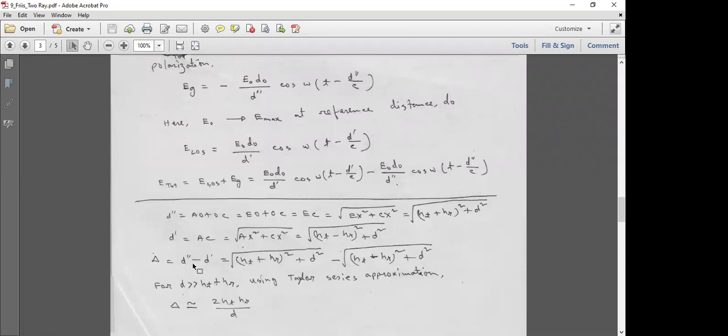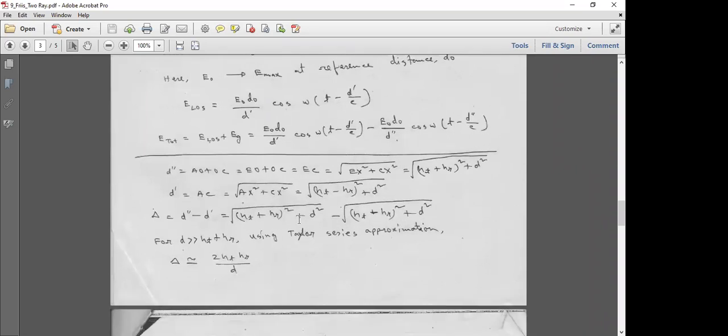So delta is d double prime minus d prime, and for that, we can have now this equation. Very long expression here. But if we use a Taylor series, if you just expand with Taylor series, I haven't shown this step here, but actually if you try, you can do that.